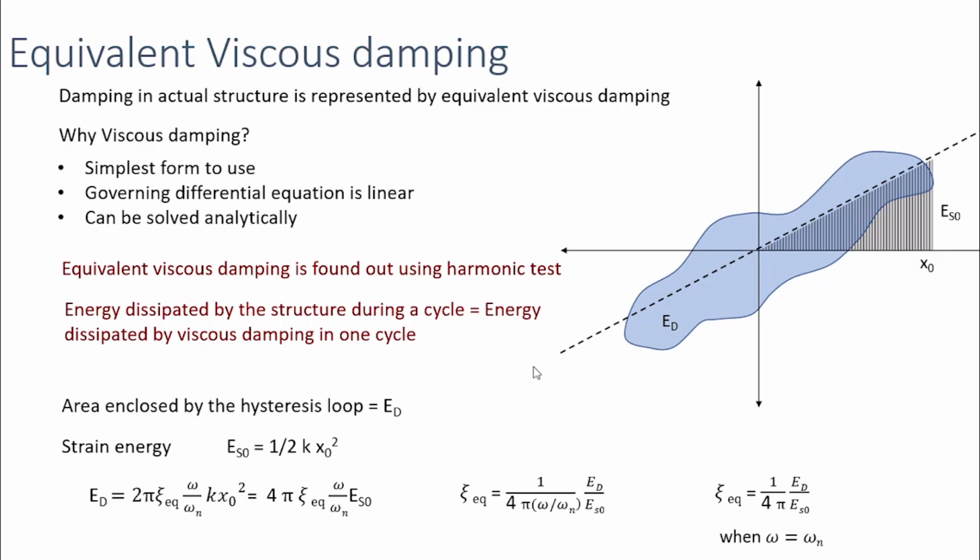If we do the harmonic test at resonance, when the forcing frequency is equal to the natural frequency, then we can calculate the damping ratio using this expression. That is when omega is equal to omega n.